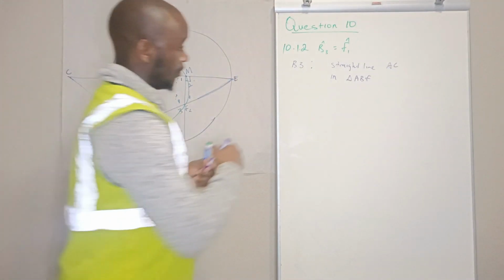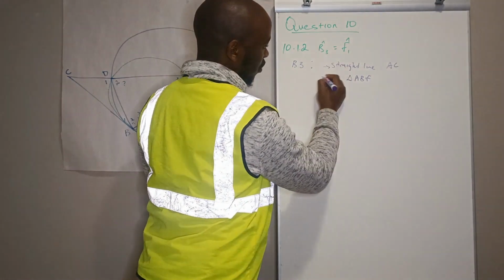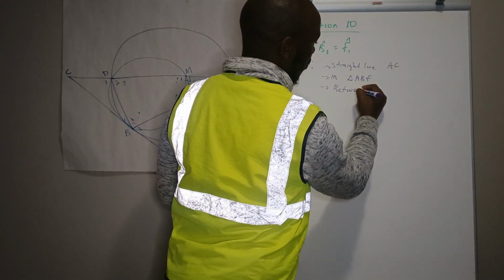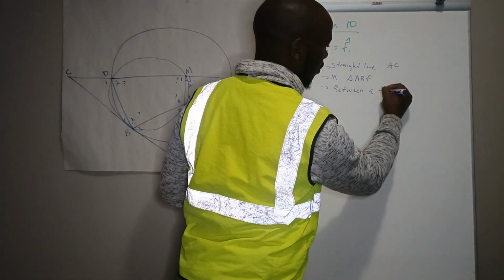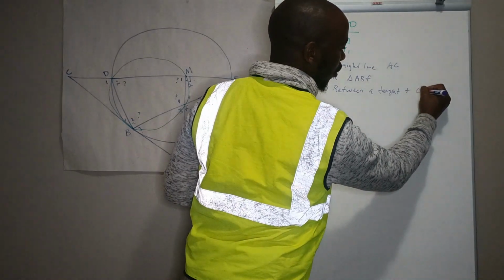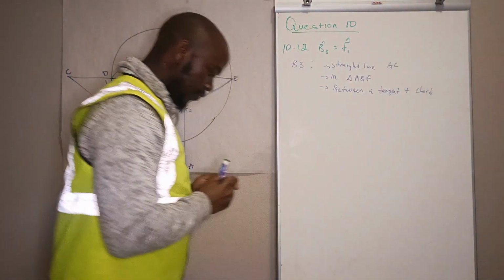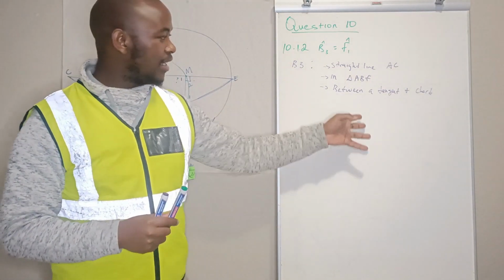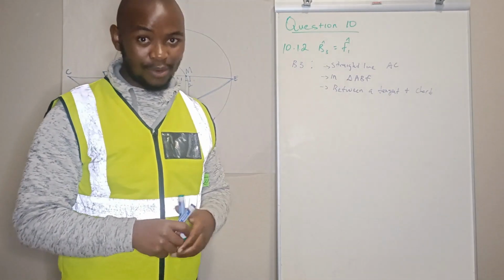So it's also between a tangent and chord. That last statement tells you everything. This angle is between a tangent and a chord.